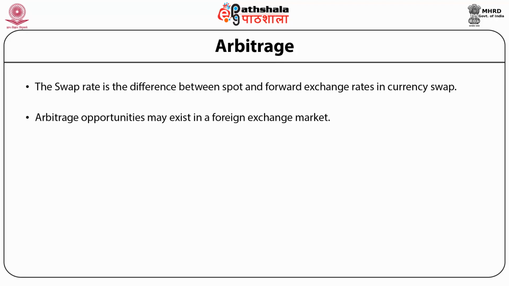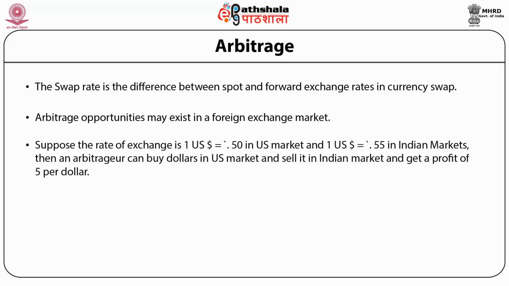Arbitrage opportunities may exist in the foreign exchange market. Suppose the rate of exchange is US $1 equals 0.50 in the US market and US $1 equals 0.55 in the Indian market. Then an arbitrageur can buy US dollars in the US market and sell them in the Indian market and get a profit of 5 per dollar.